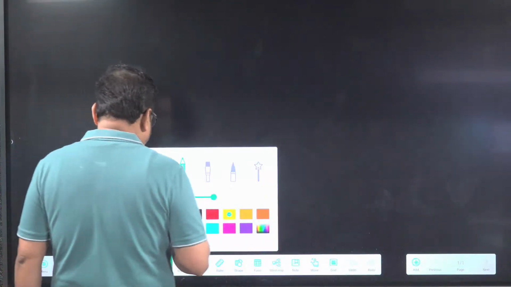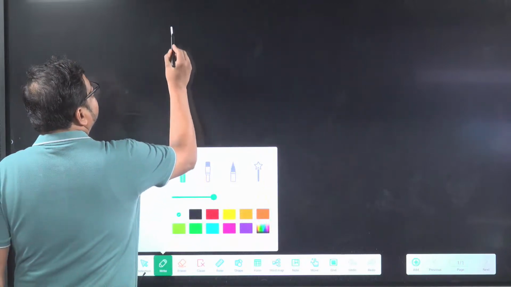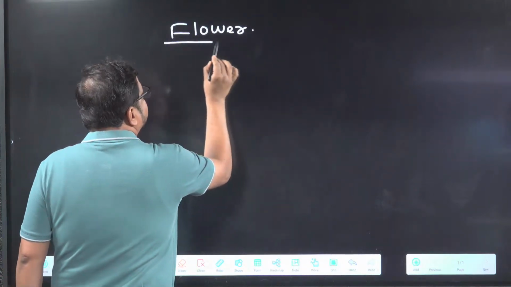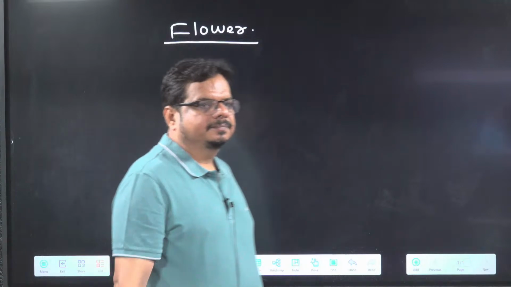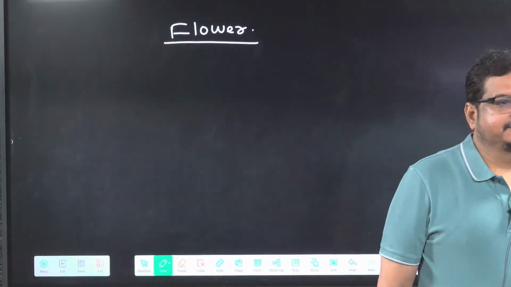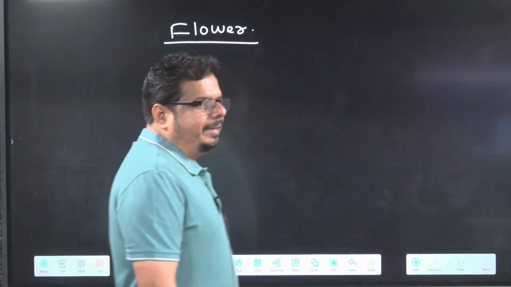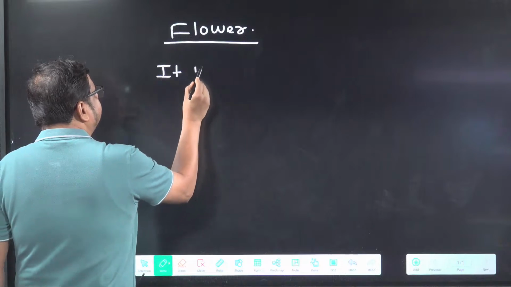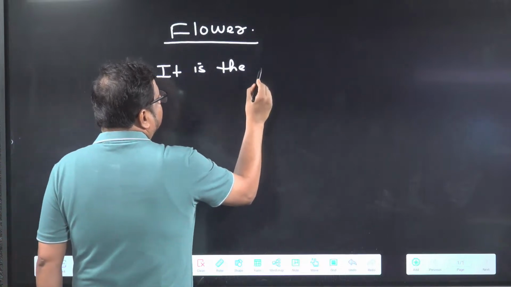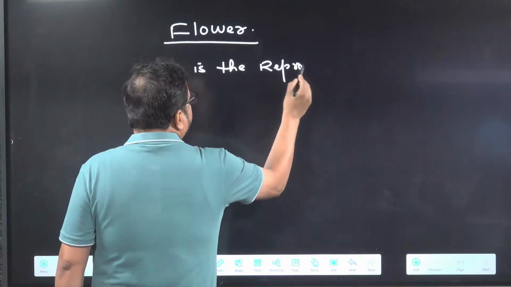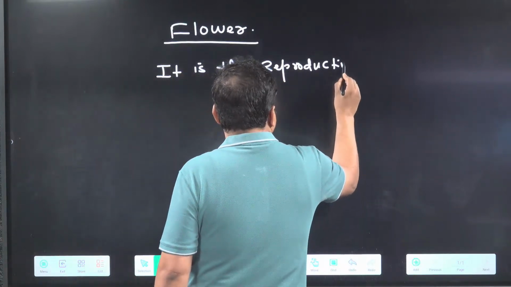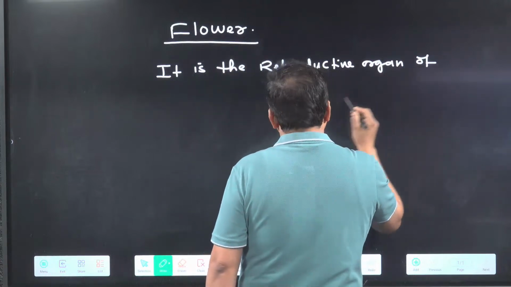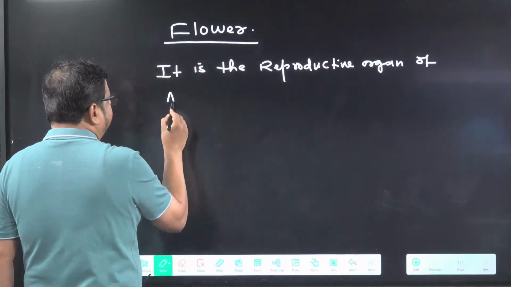So today we are starting with flower. If we talk about flower, it is the reproductive organ of angiospermic plant.